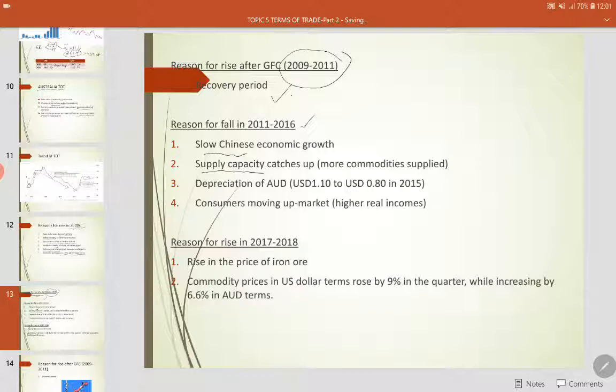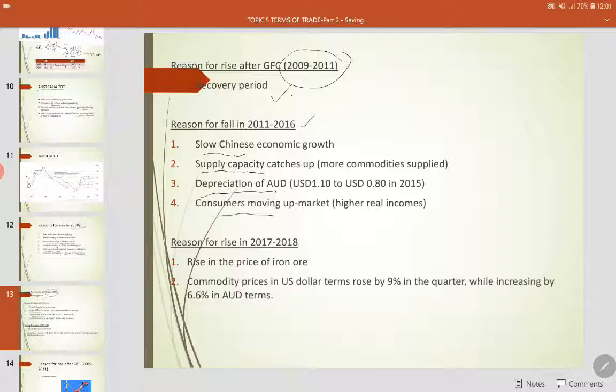Supply capacity catches up, meaning oversupply of goods. Recall again about supply: whenever there's oversupply, supply increases, the price will reduce. So when export prices reduce, TOT becomes unfavorable. In this period we also have depreciation of the AUD compared to 2011. In 2015 there's a sharp depreciation.